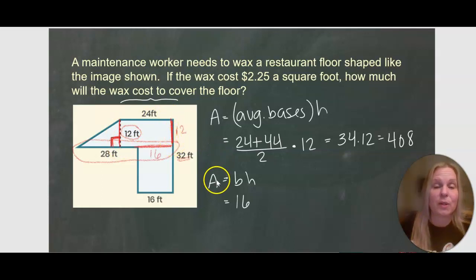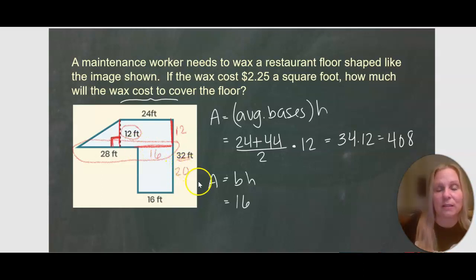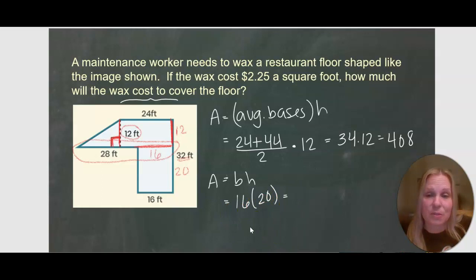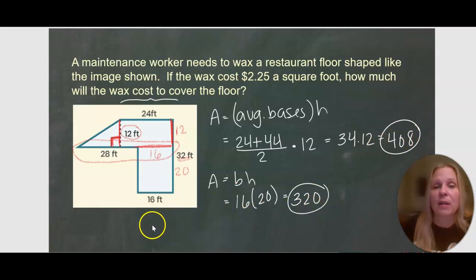So if this is 12 and the whole thing is 32, then 32 minus the 12 at the top would give me 20 for the bottom piece, and that's the height of my rectangle. So that equals, let's see, 16 times 2 is 32, so that would be 320. And then I've got to add these two together. So 408 for my trapezoid, 320 for my rectangle gives me 728, and that is in square feet.